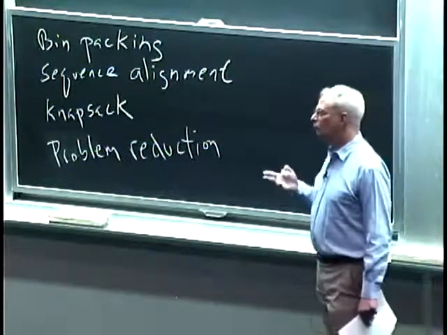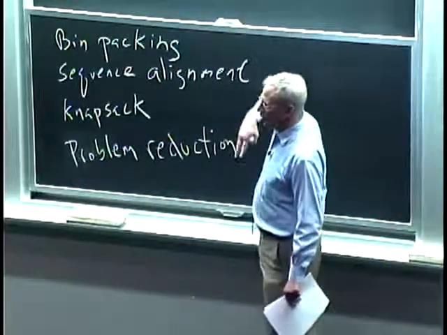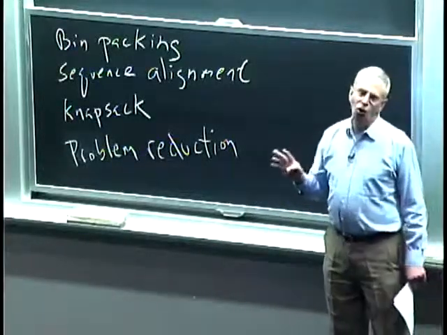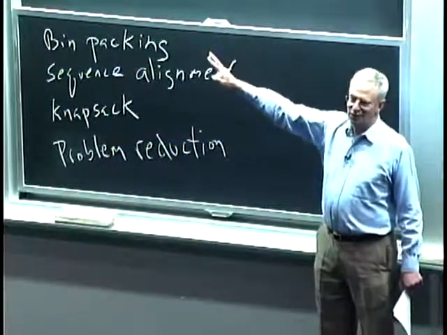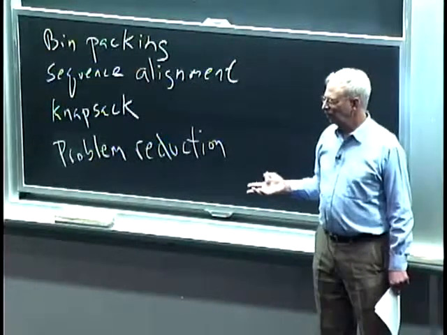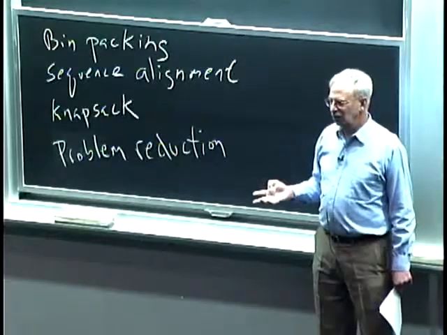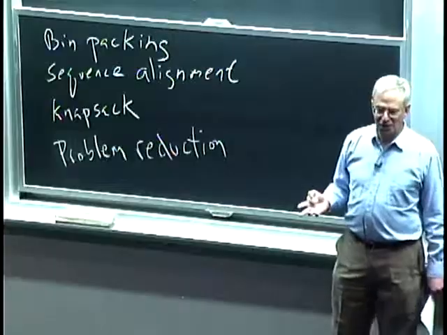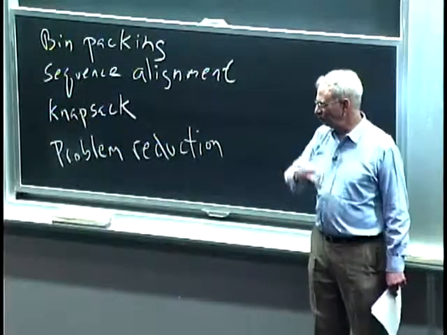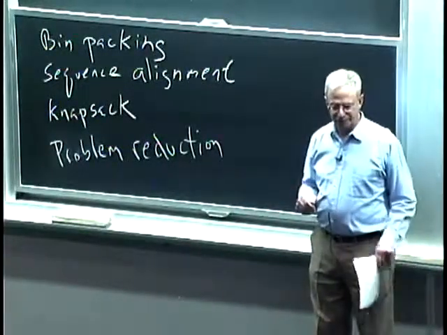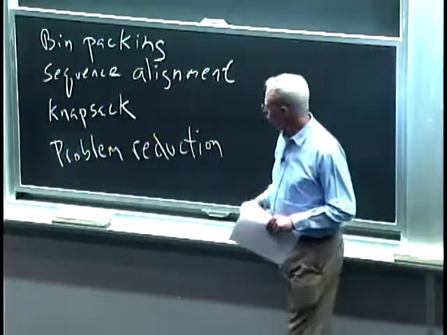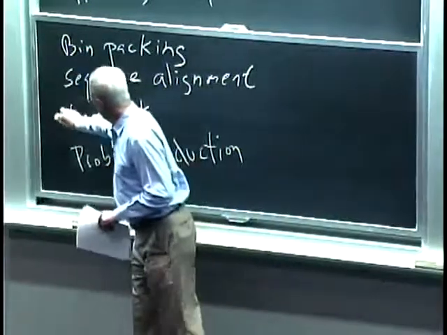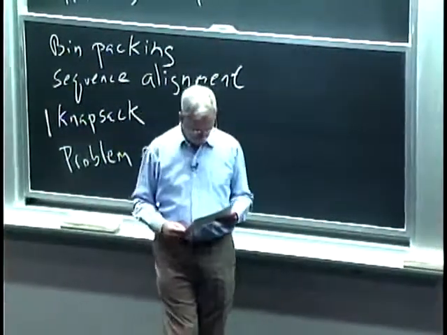So as we go through the semester, we'll look, briefly or not so briefly, at different previously solved problems, in the hope that at some time in your future, when you have a problem to deal with, you'll say, oh, I know, that's really like shortest path or really like graph coloring. Let me just take my problem and turn it into that problem and use an existing solution. So we'll start looking in detail at one problem, and that's the knapsack problem.